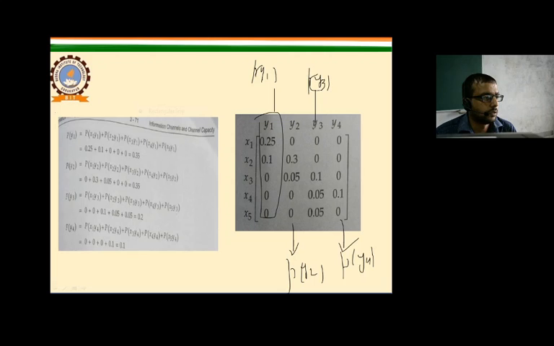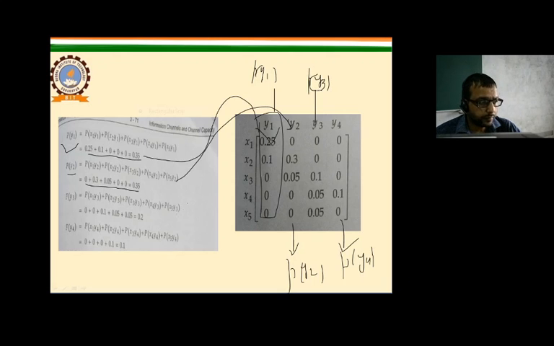Similarly, for calculating py1, compare with this column, the elements are 0.25 plus 0.1 plus 0.0, and we get 0.35. For py2, compare with the second column, that is 0 plus 0.3, 0.05 plus 0.0, we get 0.35.